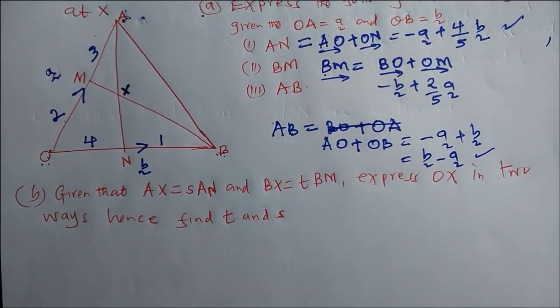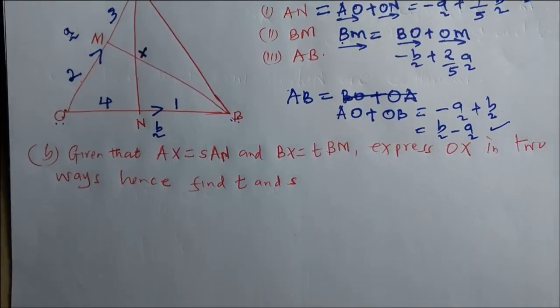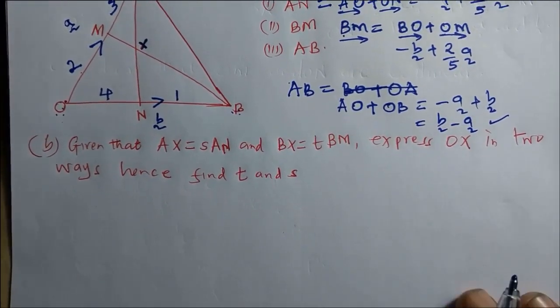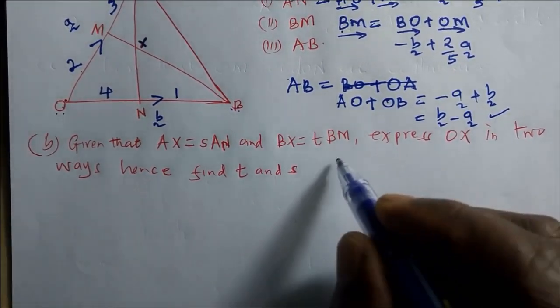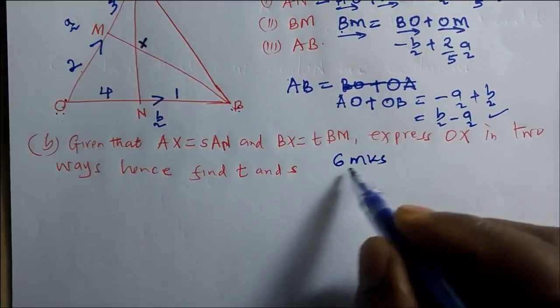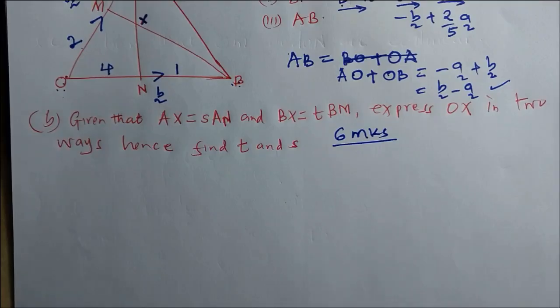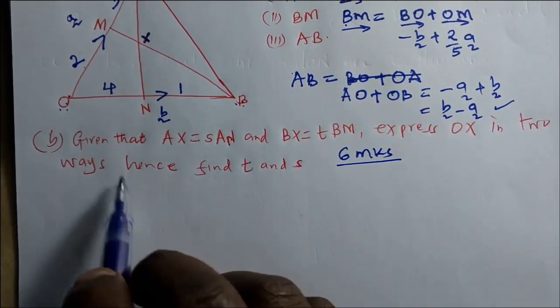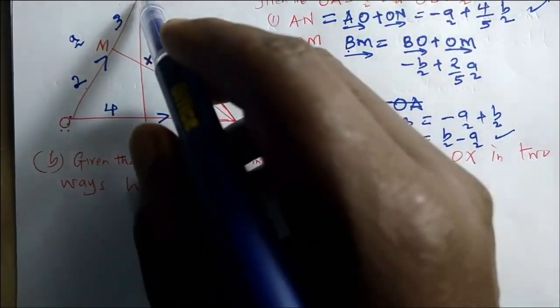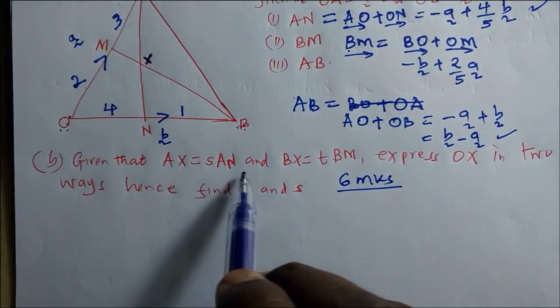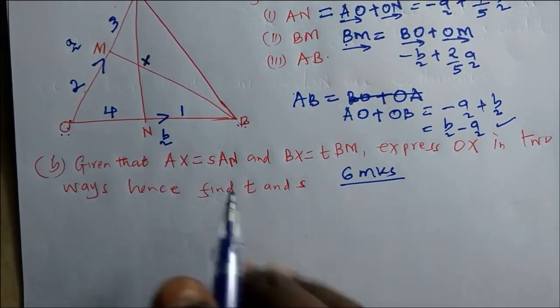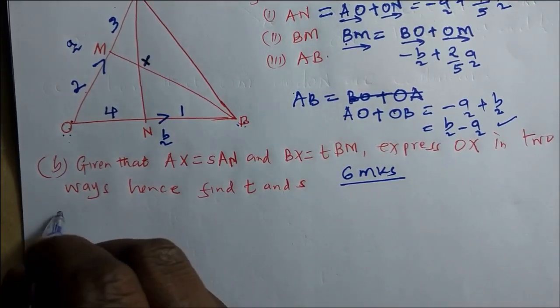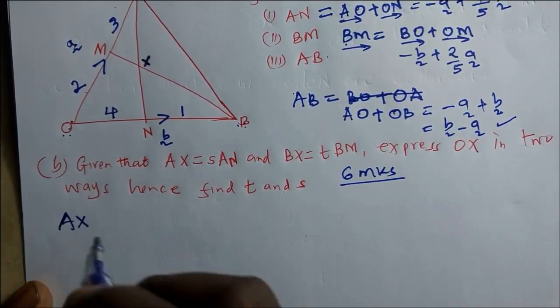So let's go straight to part B, where our 6 marks is. We have been given that AX is SAN, so we can simply start by getting AX.